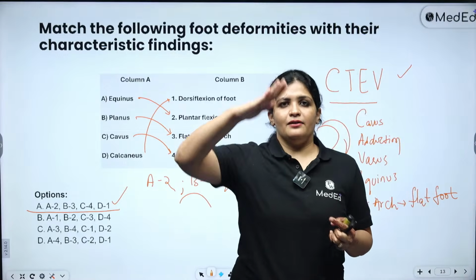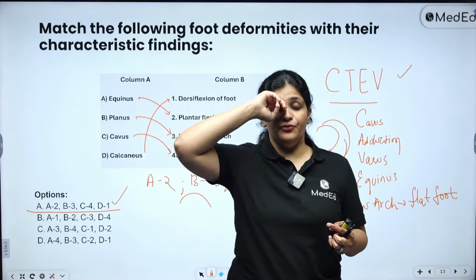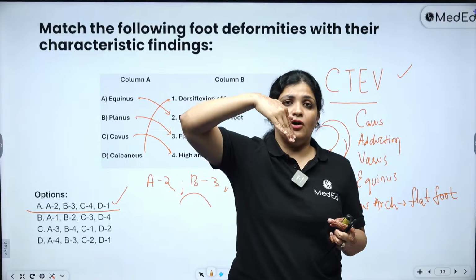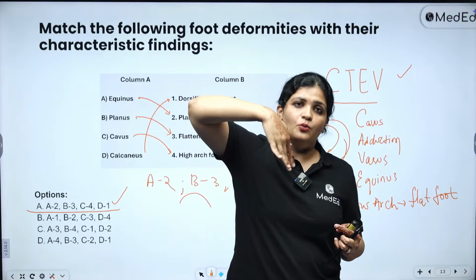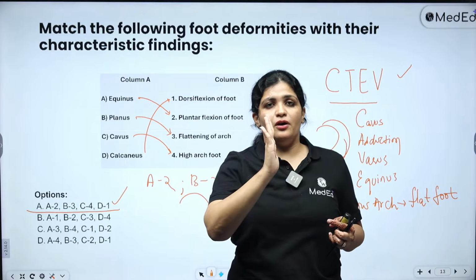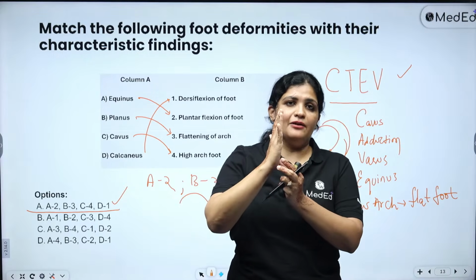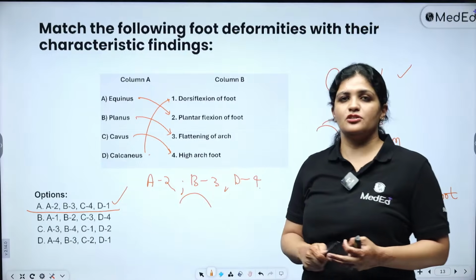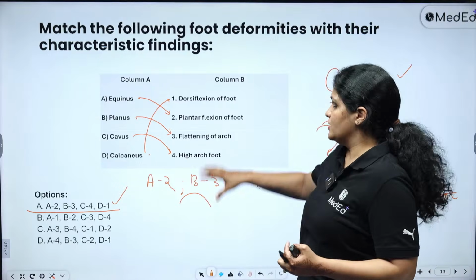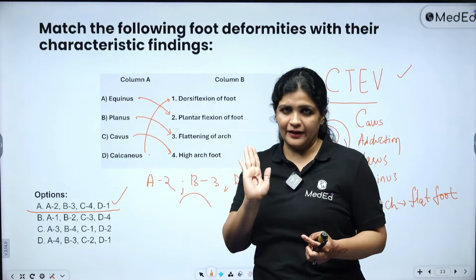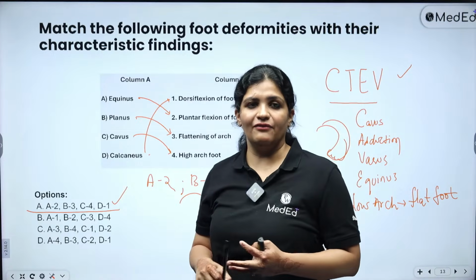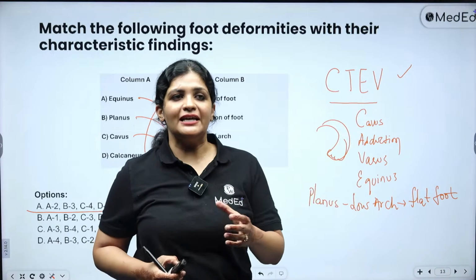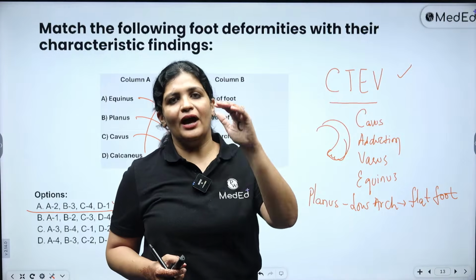Now remember, whenever you see the foot walking on the toes, toes pointing downward, it is equinus. Toes pointing upward, that is, the foot is resting on the calcaneum, hence this is called calcaneus. So that is dorsiflexion of the foot, right? And then what is cavus? Cavus is high arch. You have two arches, right?